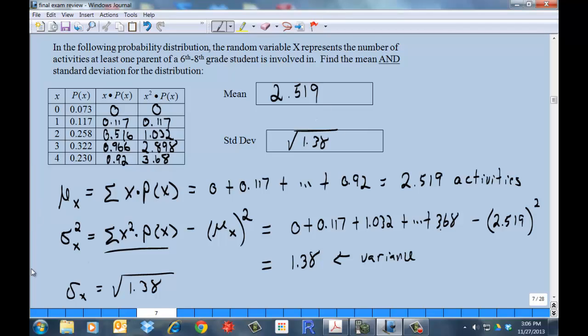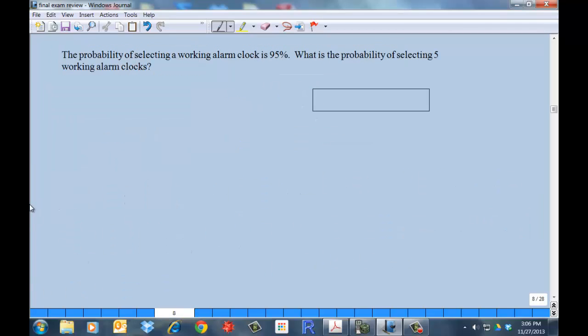Okay, next question. The probability of selecting a working alarm clock is 95%, 0.95. What is the probability of selecting 5 working alarm clocks? So the idea here is that the event of selecting a working alarm clock should be independent of all other events.